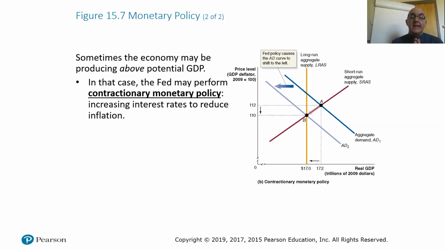Remember what happens when the Federal Reserve wants to expand the money supply. They create more money, and they buy government debt on the open market, bring the government debt into the Federal Reserve, and all that money goes into the money supply.